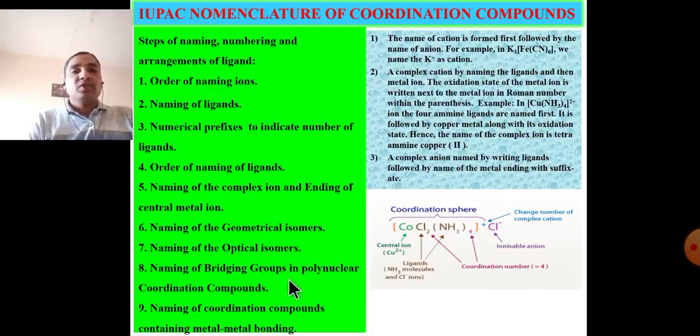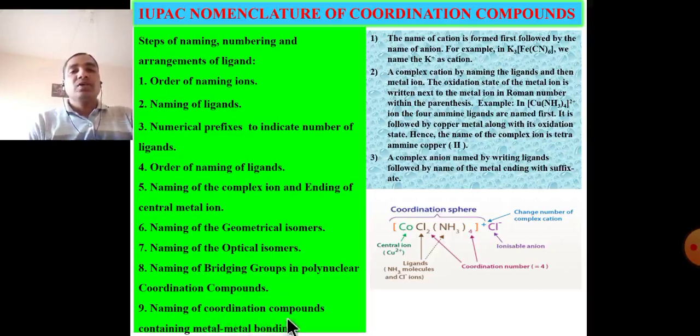Naming of bridging groups in polynuclear coordination compounds: the bridging ligand is named with the symbol mu placed before the name of the ligand.